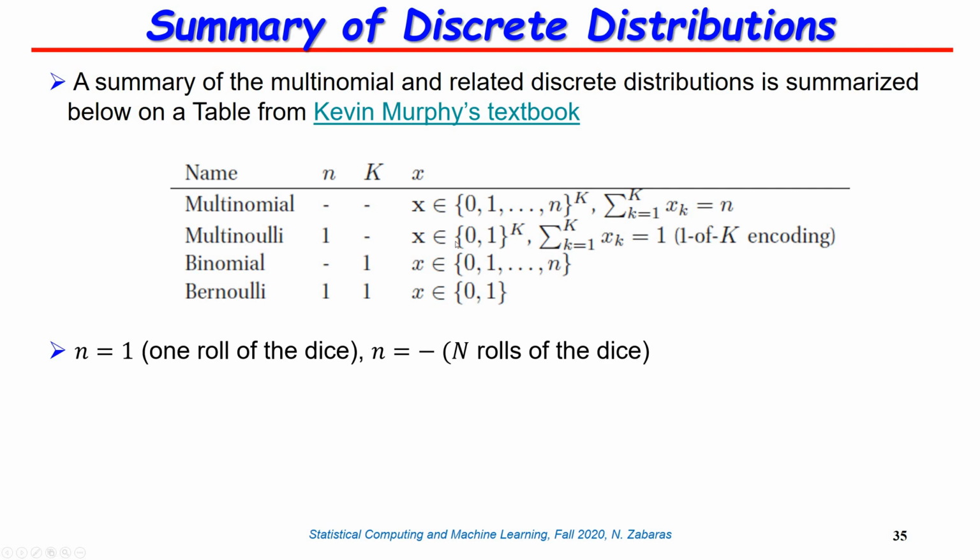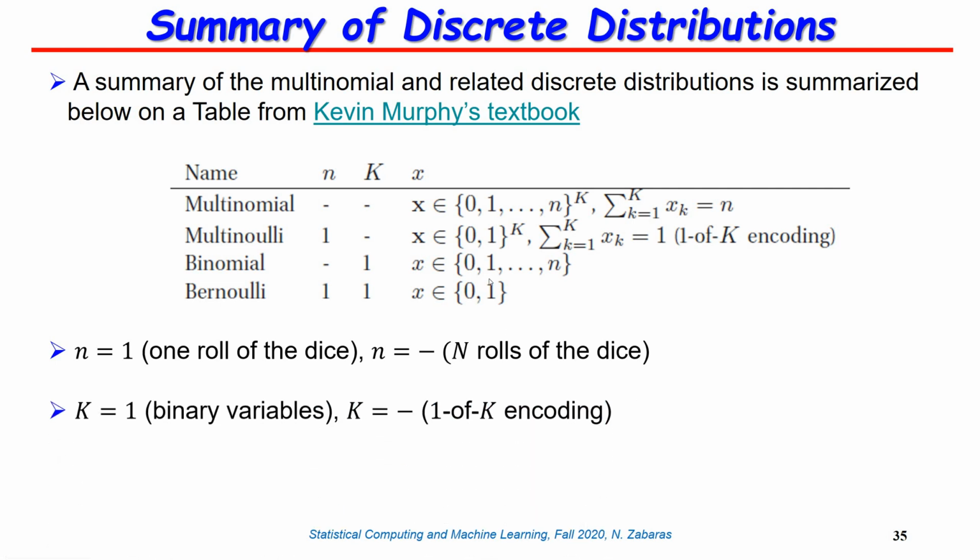And capital K equal to 1 implies binary variables, and when you see these lines here, it implies I have 1 out of capital K encoding. Okay, and so this is basically a little bit of a summary of all the discrete distributions that we would like to know more, so we can use them later on in our course.